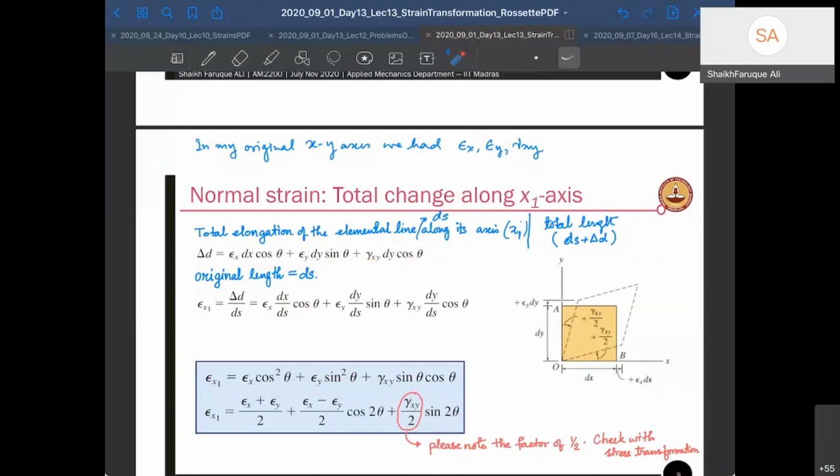The tensorial strain is gamma xy by 2, and therefore that gamma xy by 2 will come. All right, clear? So this is how you find epsilon x1, or strain along the x1 direction in a rotated coordinate system, if you know the strains in the original configuration.